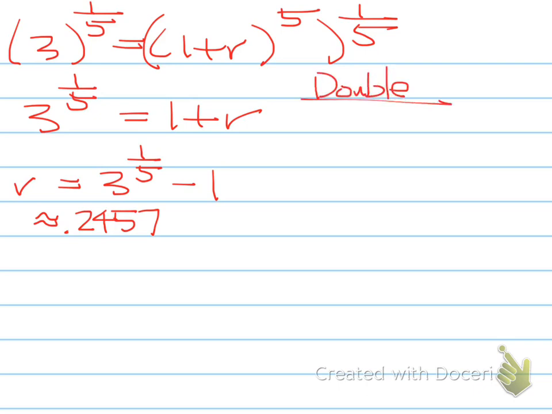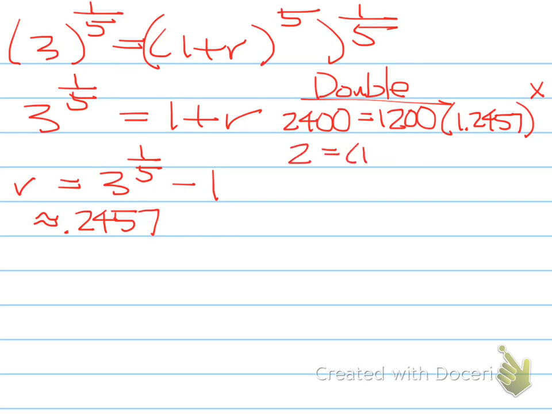So to determine how long it would take to double, 1,200 doubled is 2,400, so we just use that rate: 1 plus 0.2457 is 1.2457. We divide both sides by 1,200, and we get 2 equals that amount. Take the natural log or common log of both sides.